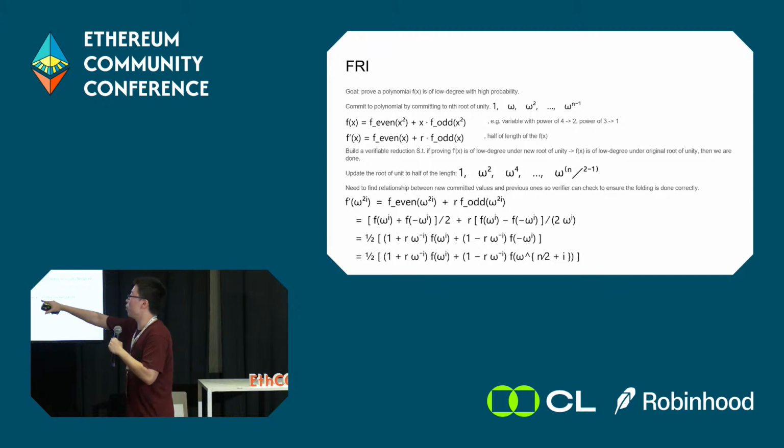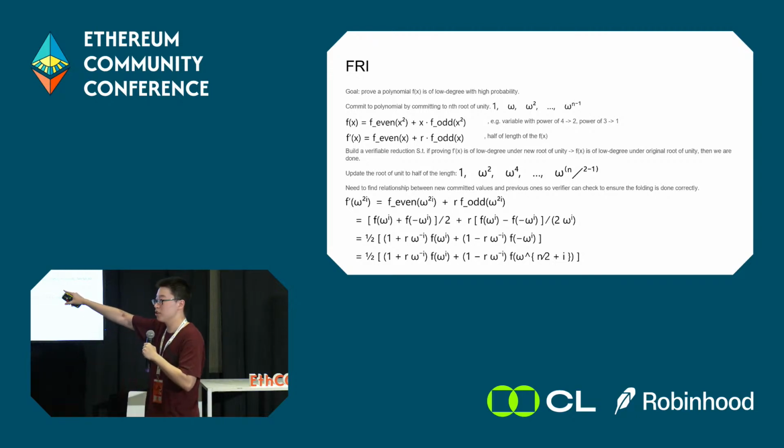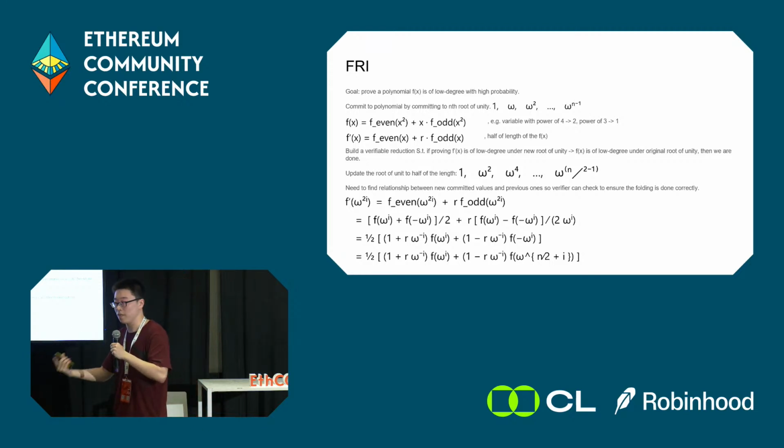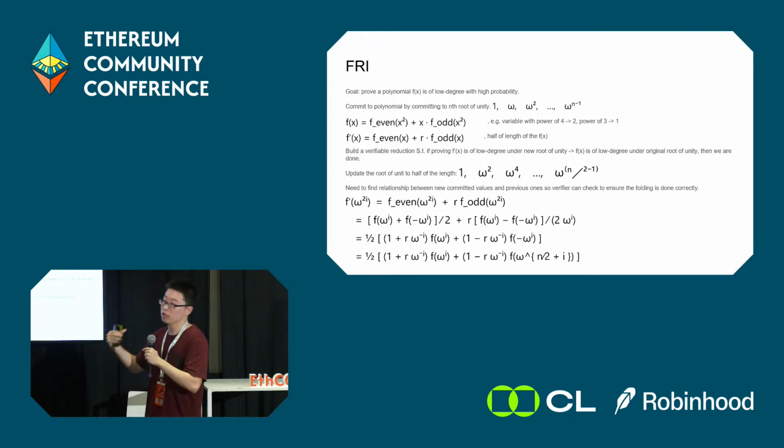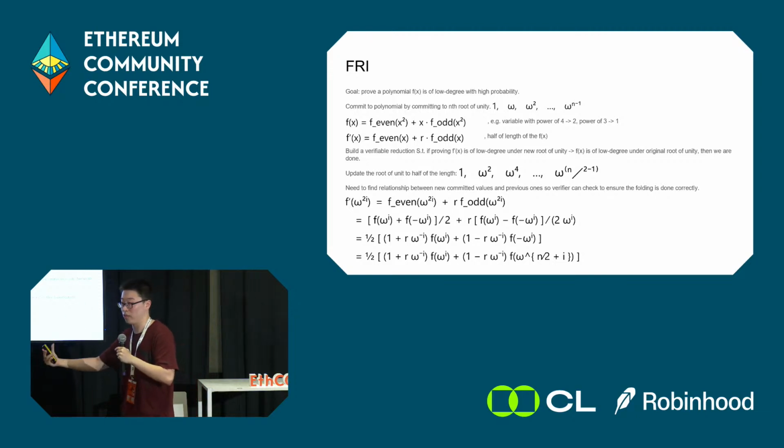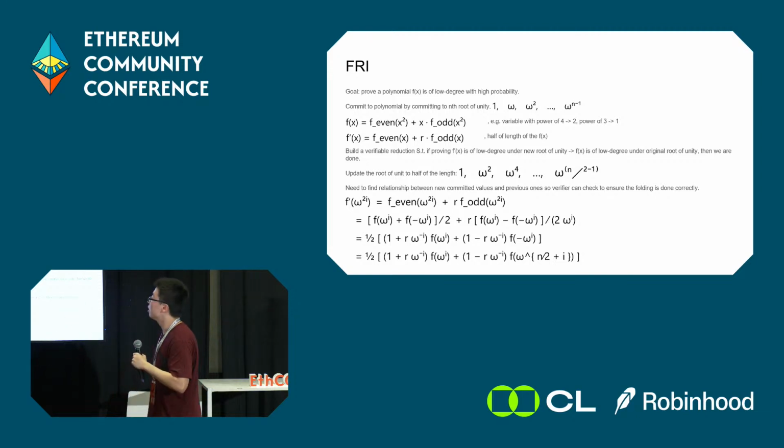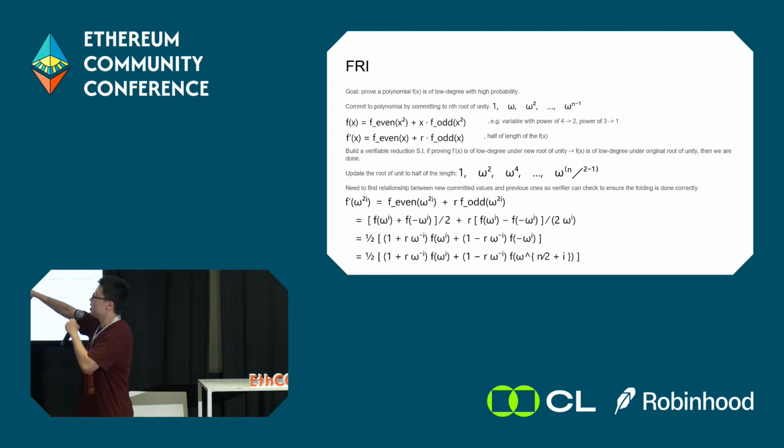It turns out that we can, because this new polynomial is of half the degree, so we need a root of unity of higher power, basically to the power of 2. So we get rid of all this lower-degree omega thing and only keep the power of 2 roots of unity.